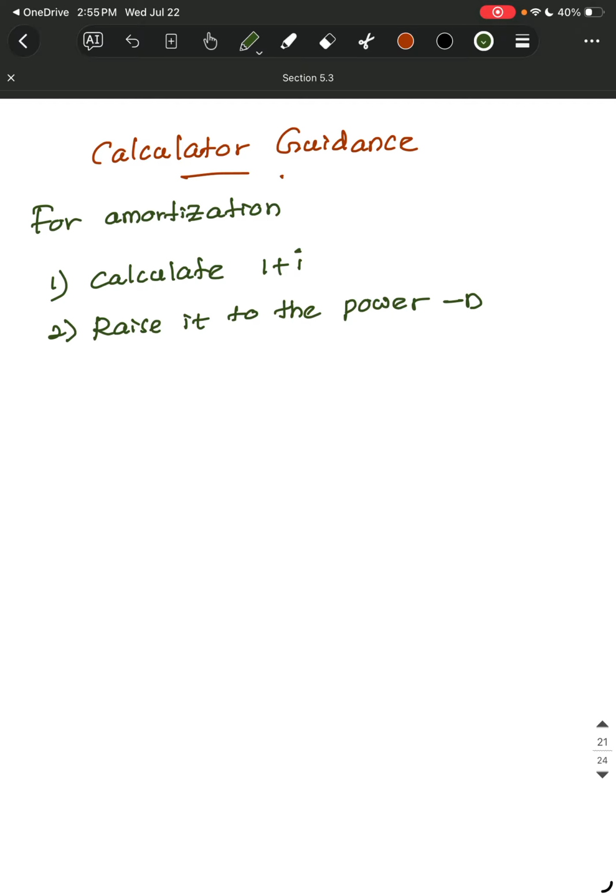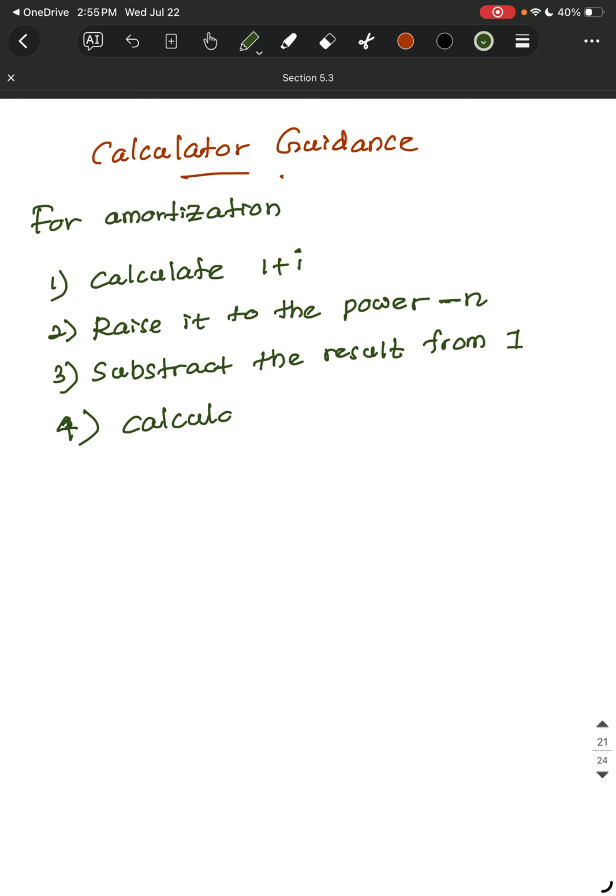Subtract the result from 1. Fourth, calculate i times the present value. Fifth, divide the numerator by the denominator.